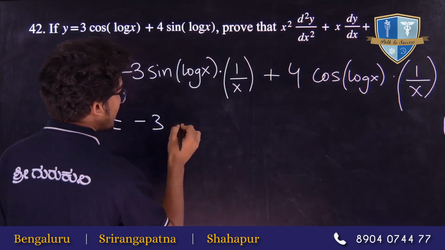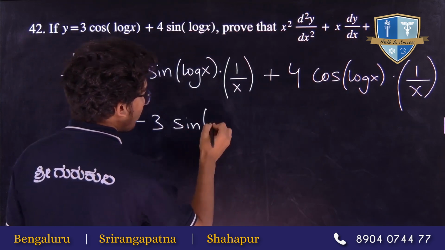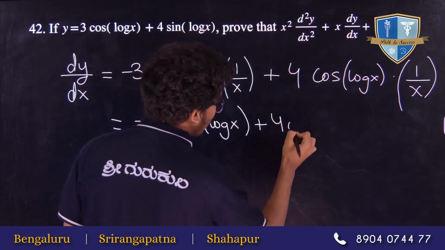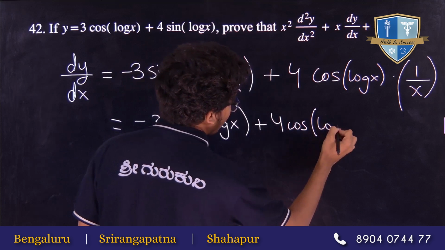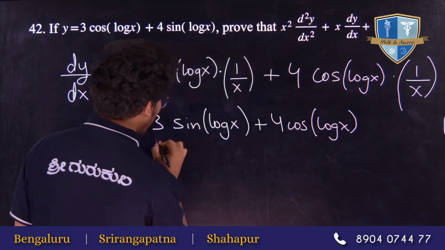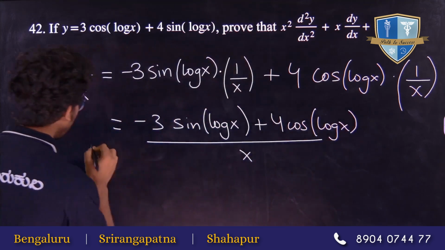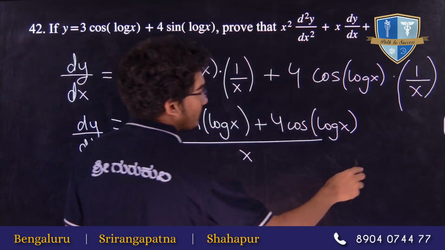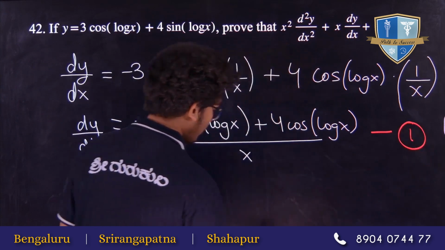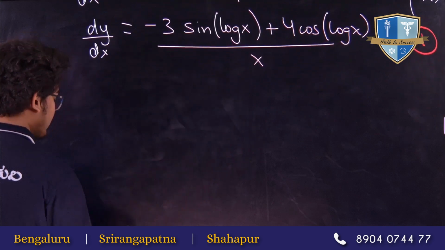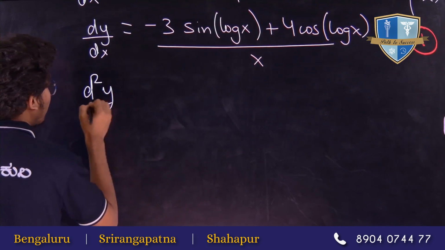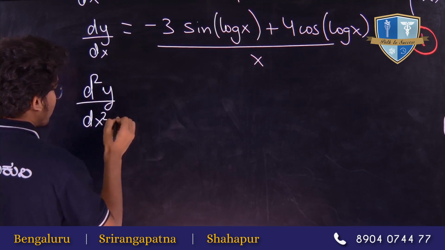So minus 3 sin of log x plus 4 cos of log x, divided by x. This is our dy by dx. This is our first equation that we'll remember, and we'll substitute in the last.